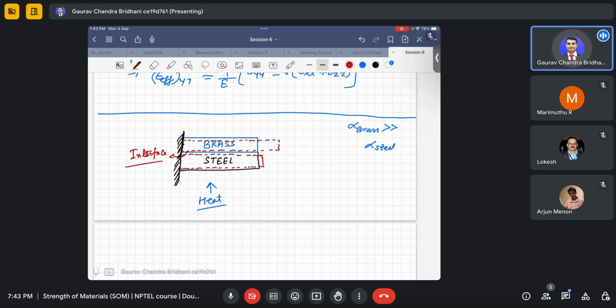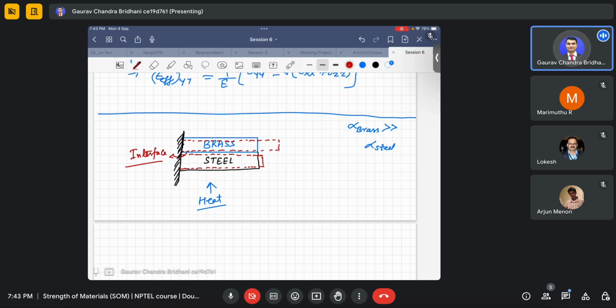If there is no interface at all, meaning the two materials are not glued together or not acting together, then the way I have drawn it is perfectly fine. That should be the behavior if they are two different parts. But if they are not having the same continuity or compatibility, then they can deform in the way I have shown.